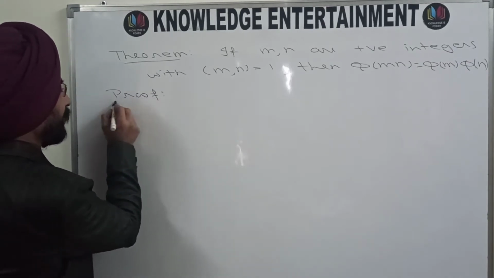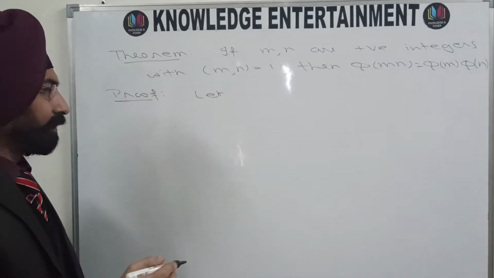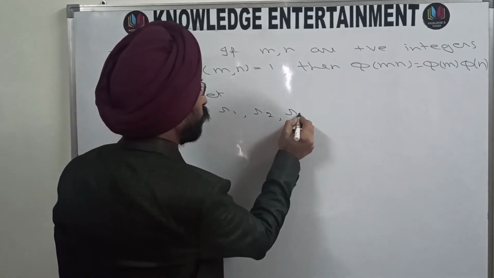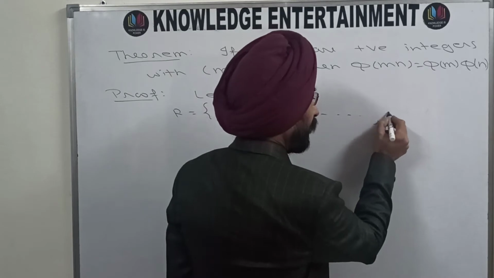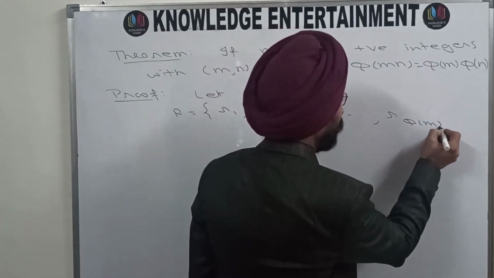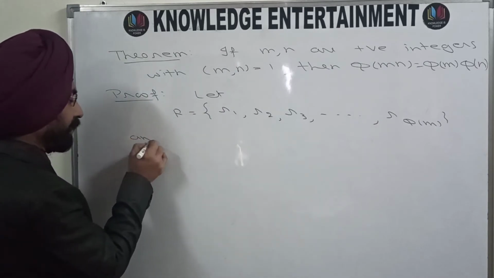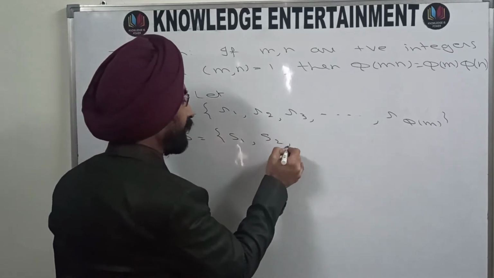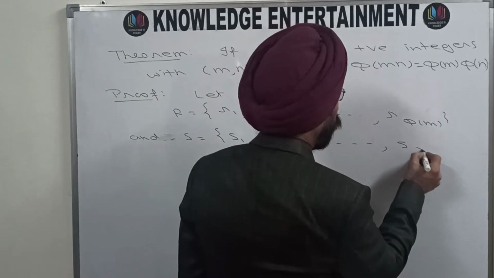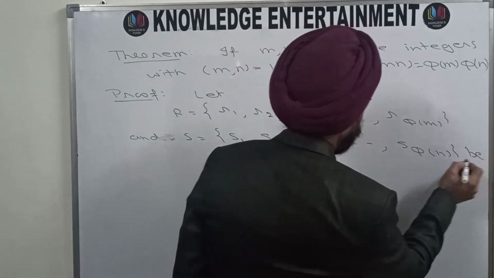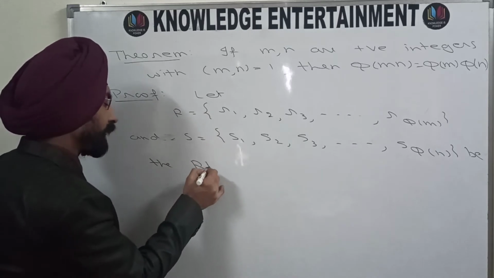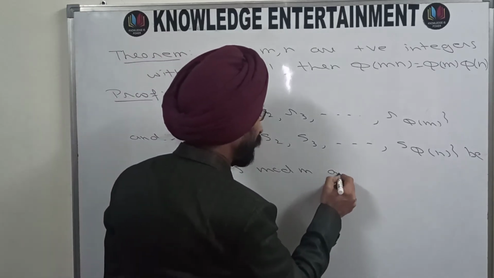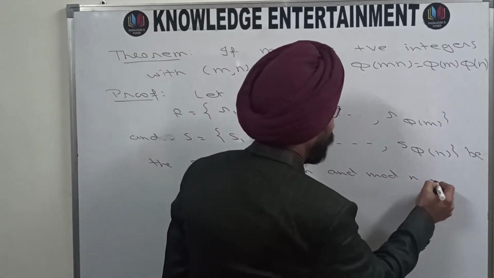Proof: let R is equal to R1, R2, R3 and so on, R phi(m) you can say, and S is equal to S1, S2, S3 and so on, S phi(n) be the reduced residue systems modulo m and modulo n respectively.